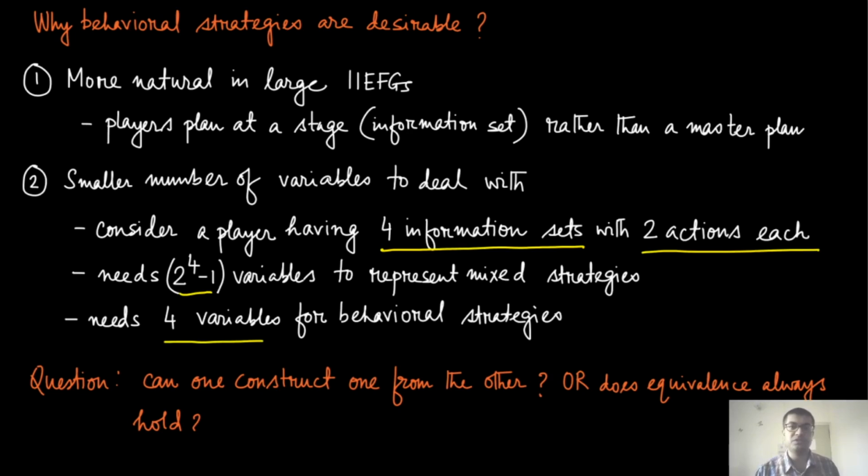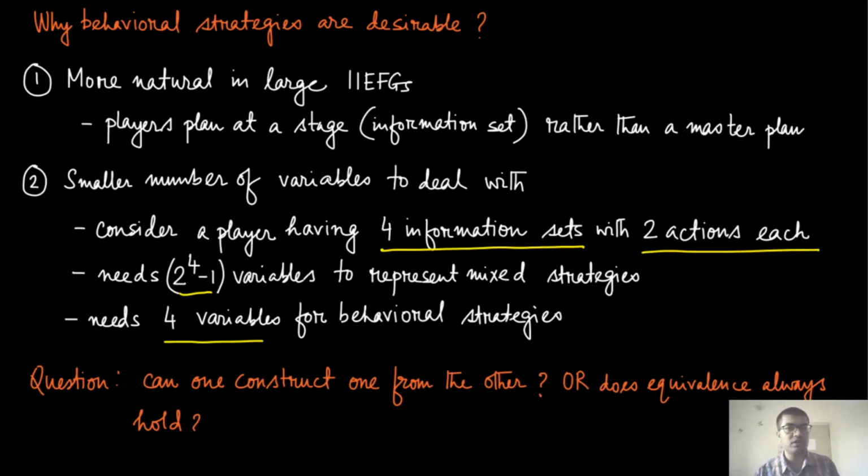Now, the most natural question is, can we construct one from the other, or does the equivalence always exist? In the previous example we discussed in the last module, we showed an equivalence between behavioral strategies and mixed strategies. Can we always find such a thing? In this and the following module, we will show that yes, there is a very large class of reasonable games where this equivalence is obvious.